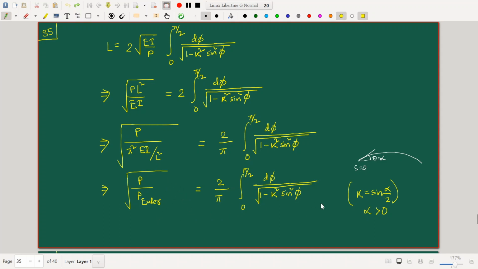So if I just write it like this, whatever is present here I keep as it is, so p by p Euler, just transposing this entire thing to the left hand side.